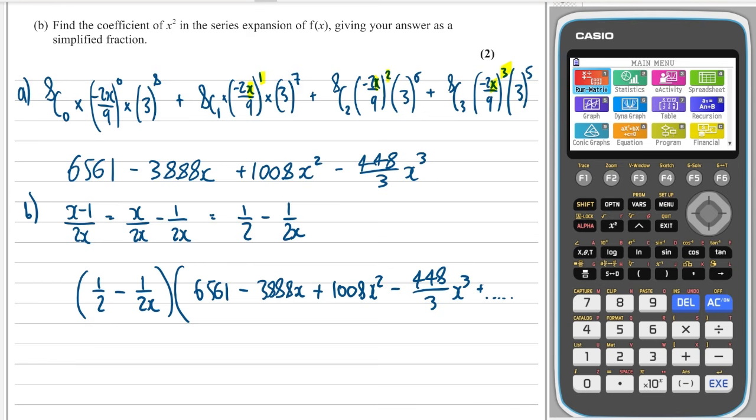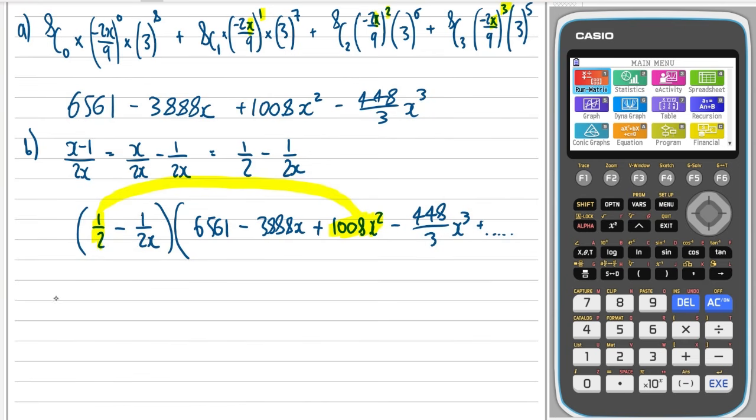Well, one way we're going to get an x squared come out is if we take the constant term here and multiply it by the x squared term. So that will give me 1/2 times by this, and that will give me 504x squared.